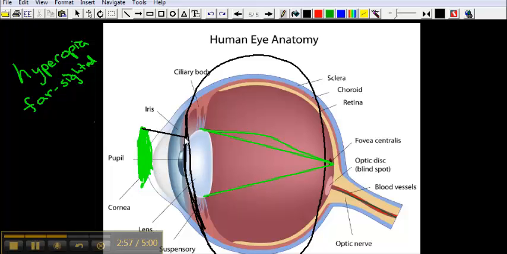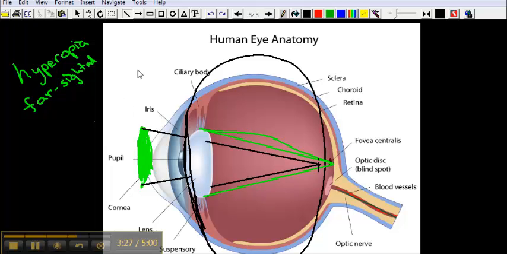So the light's coming in closer, which is opposite of the diverging lens, so now it doesn't have as far to go to converge, and it's able to converge closer right back here on the retina, and when it does that, you're able to focus again. That's the basic gist of what goes on with farsighted hyperopia as well as nearsighted, which is myopia.